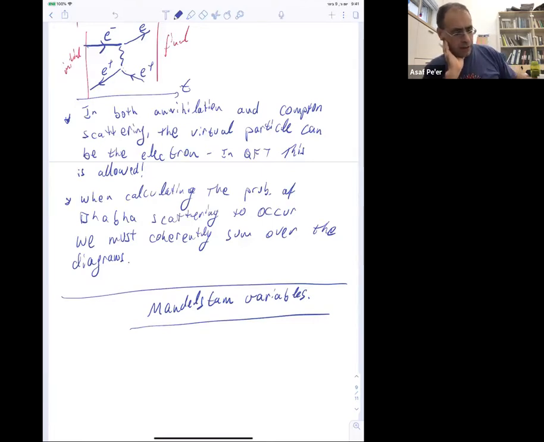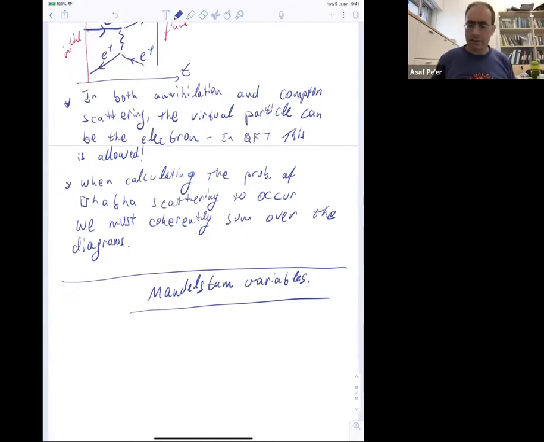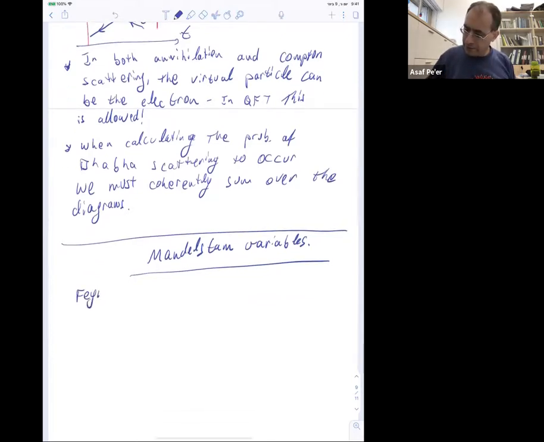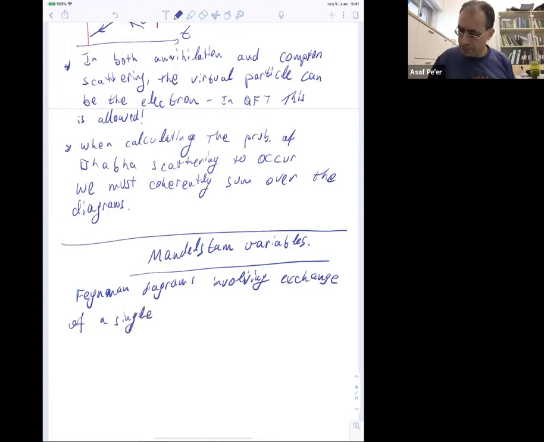A Feynman diagram involving exchange of a single force mediating particle can be put in three categories.